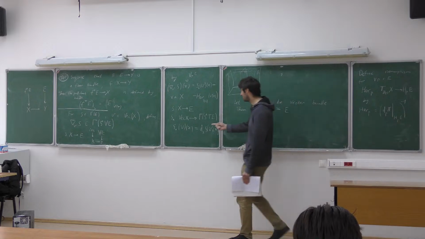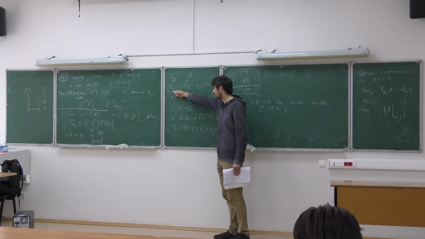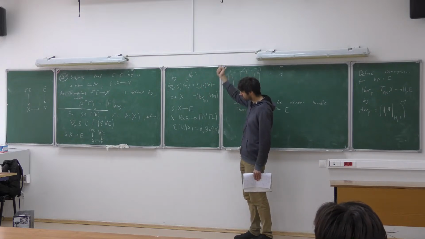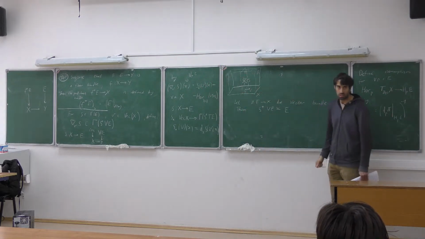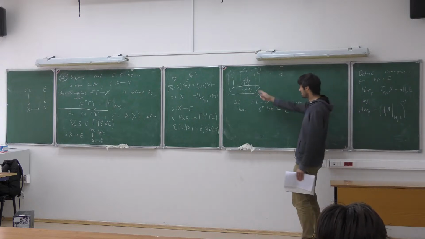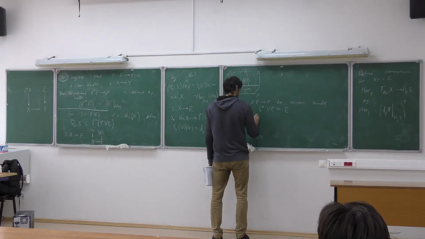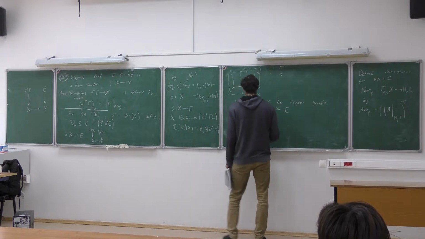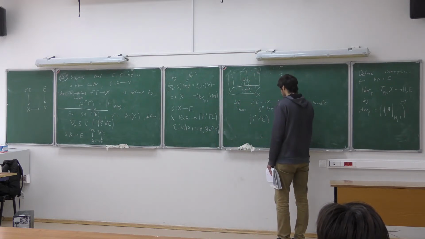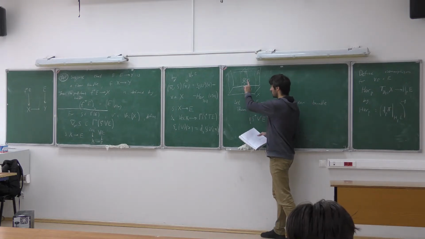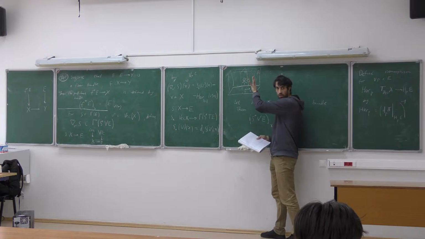And I get here, when I covariantly differentiate, again as before, a section of E. So why is this true? Well, it's clear from this picture. I take S star VE and consider its fiber at X. This is just the tangent space to the fiber when I lift it by the section.